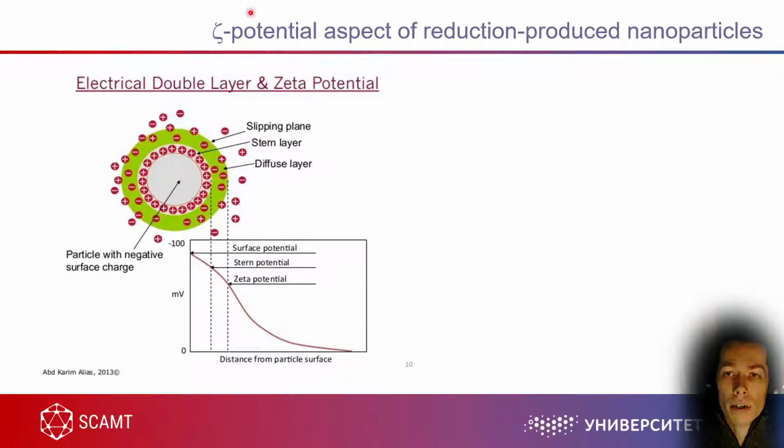So it's not a surface charge, it's just some kind of measure of your particles, and this measure is very important because zeta-potential, well, not directly, but still it's a measure of stabilization of particles.